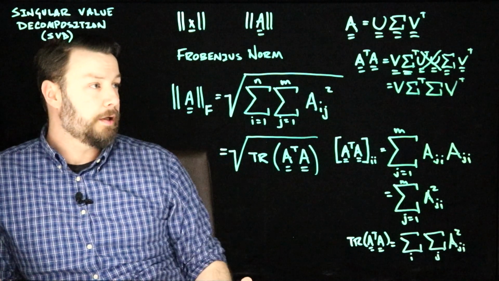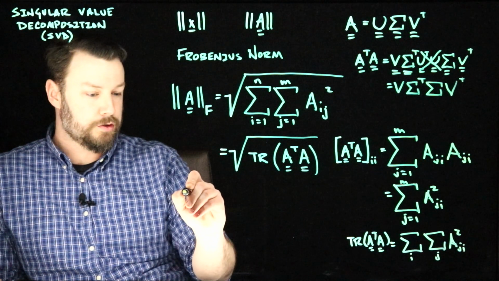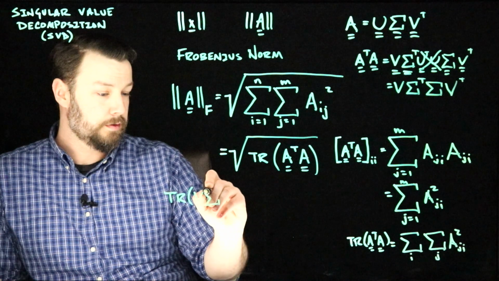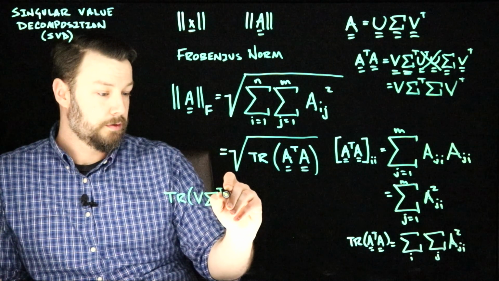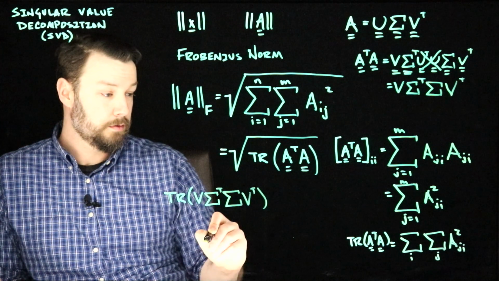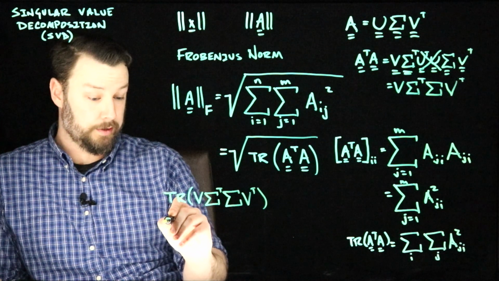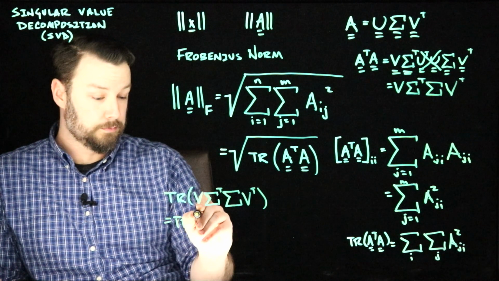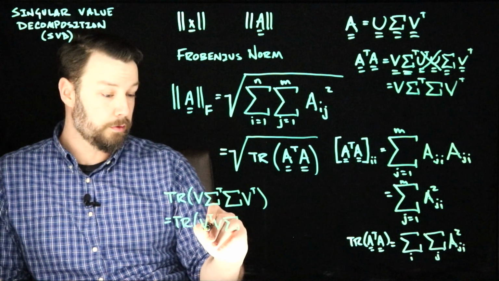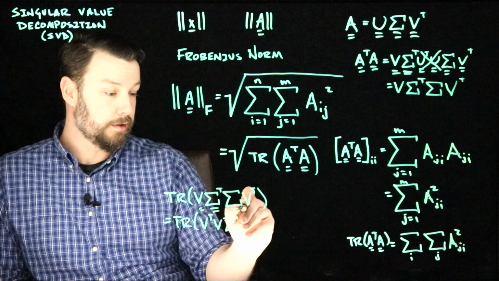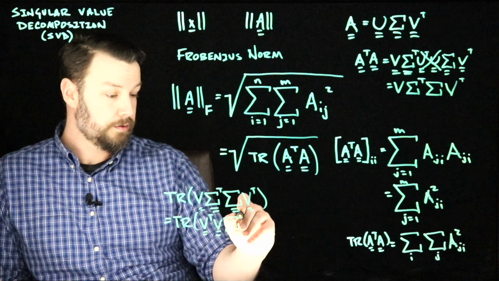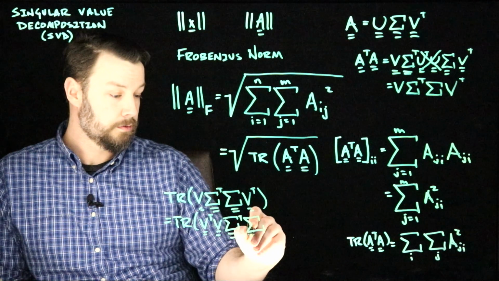So now let's think about what the trace of that is. The trace of V sigma transpose sigma V transpose, due to the cyclic property of the trace, we can move the V transpose around, or we can just remember that change of basis doesn't change the trace.